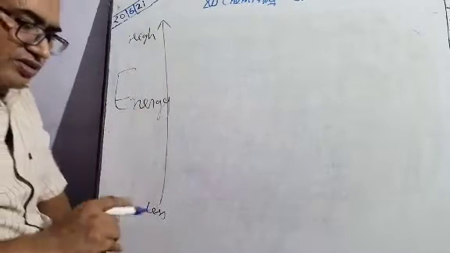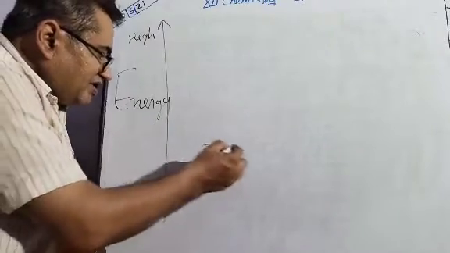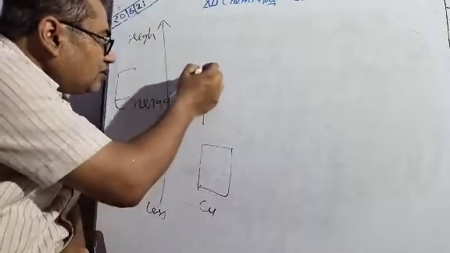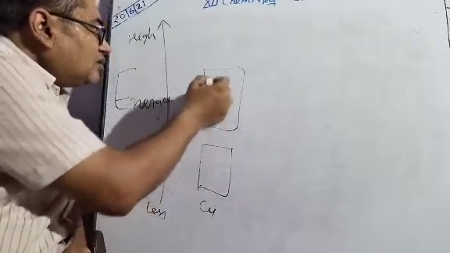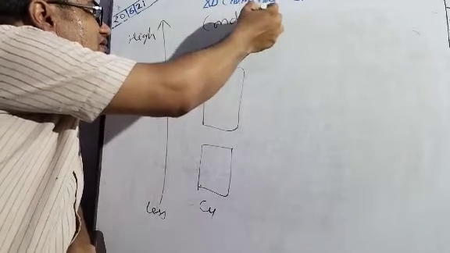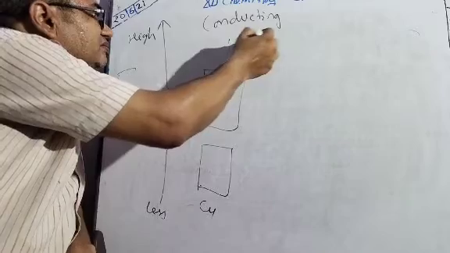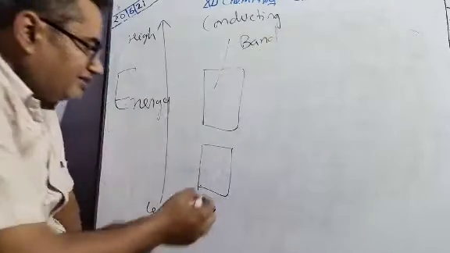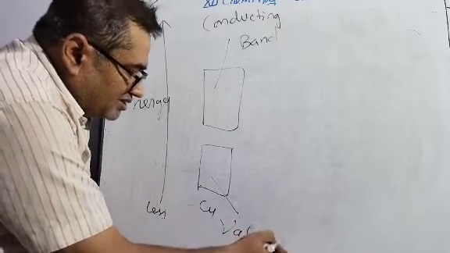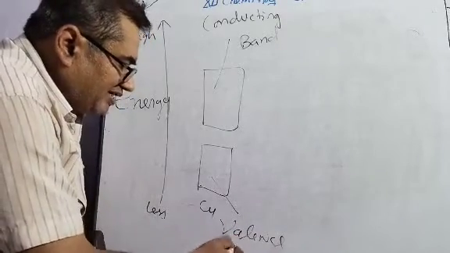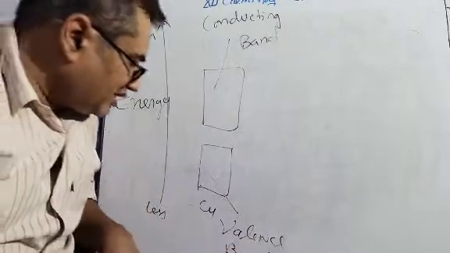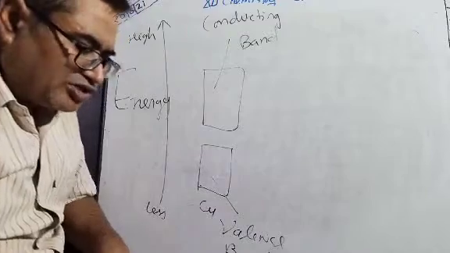If we take one example of metal like copper, this one is a conduction band, and this one is a valence band, in which the outermost valence electrons are present.